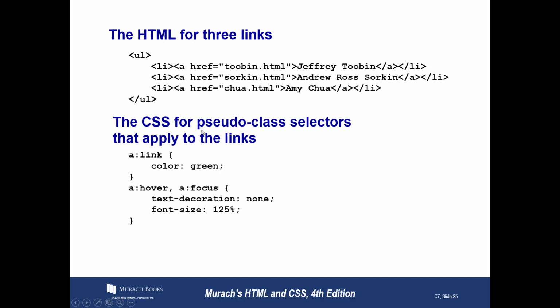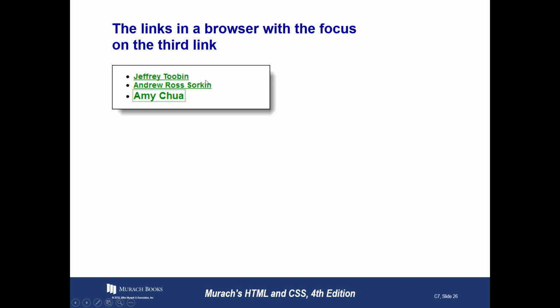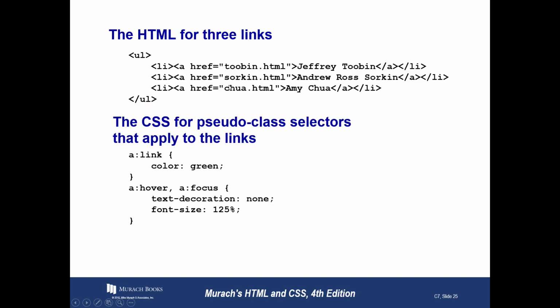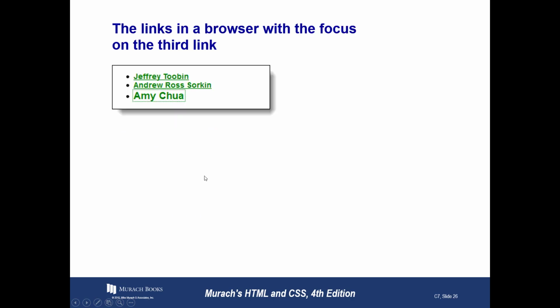Notice when we look at this, it says the links on all these should be green. So when we look, there they are. But then it says when we hover over them or they have the focus, what should happen is you're going to make the active one remove the underline and make it 1 1/4 the size. So you can see we've got our mouse over the third link.